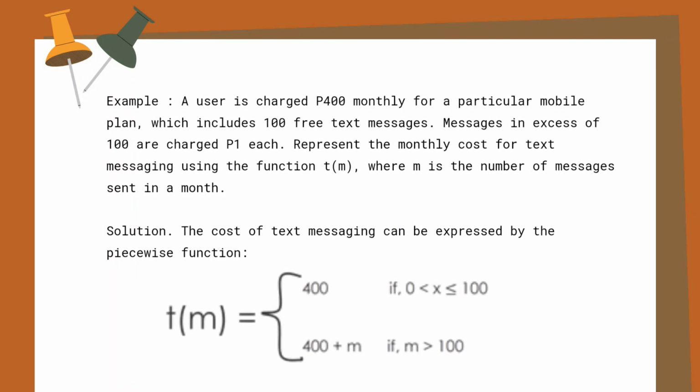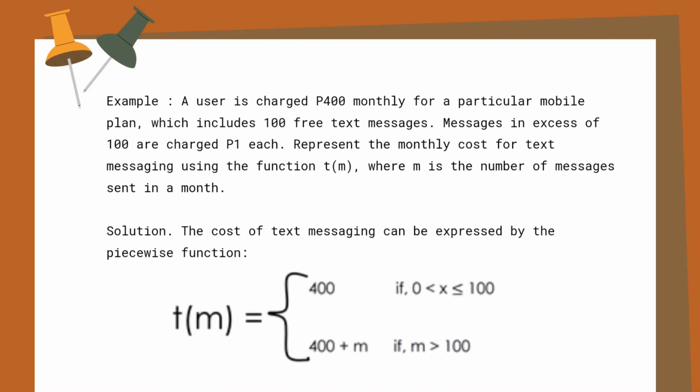A user is charged 400 pesos monthly for a particular mobile plan, which includes 100 free text messages. Messages in excess of 100 are charged 1 peso each. Represent the monthly cost for text messages using the function T of m, where m is the number of messages sent in a month. The cost of text messaging can be expressed by the piecewise function.